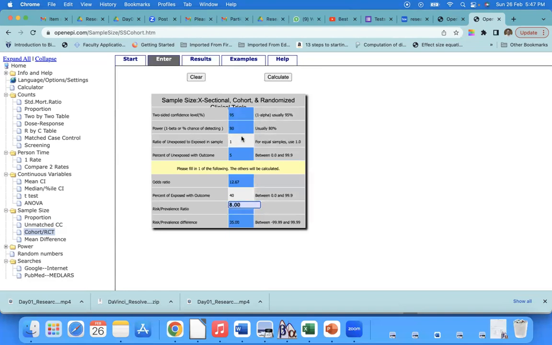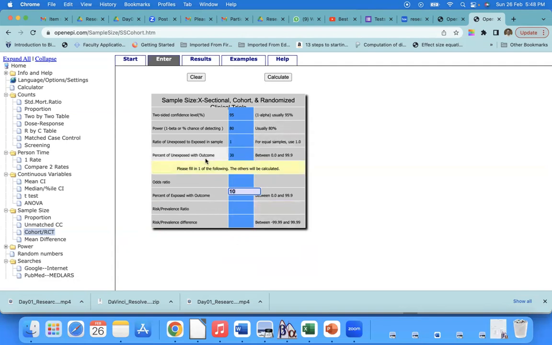So the percentage of unexposed with outcome: unexposed means among the placebo group. In the placebo group, 30% got the outcome. Percentage of exposed with outcome: among those with the treatment, only 10% got the outcome.